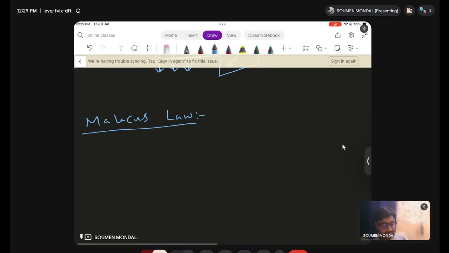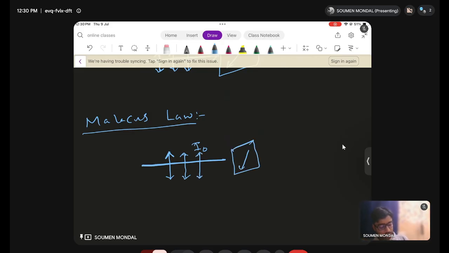It tells us, let's say we have plane polarized light of intensity I naught, and a polarizer whose axis of polarization makes an angle theta with this polarized light. Then the intensity coming out will be I naught cos square theta.